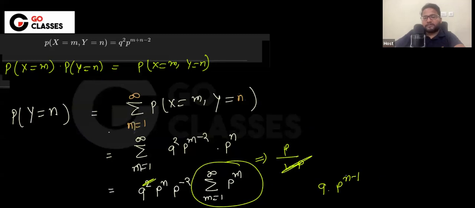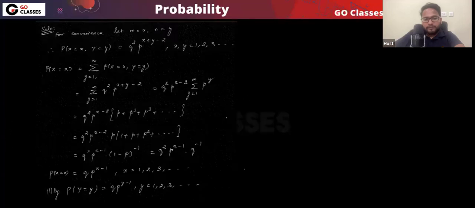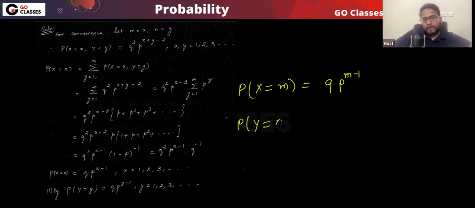Here it is n minus 1. Let's just verify it. Yeah, n minus 1 and this is m minus 1. So basically we have got probability of x being m as q into p power m minus 1, and probability of y being n as q into p power n minus 1.